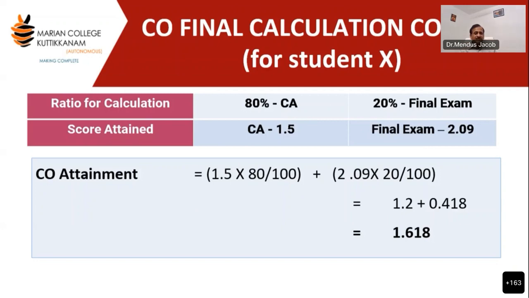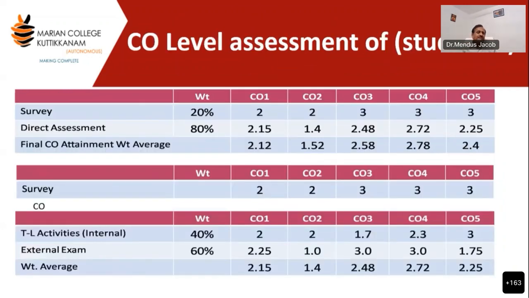Okay. Then coming to the direct assessment and the indirect assessment. We have many activities like this, external exam and internal exam, everything. Here again, what proportion I have to give to the indirect assessment and what proportion to the direct assessment, that also I can decide.